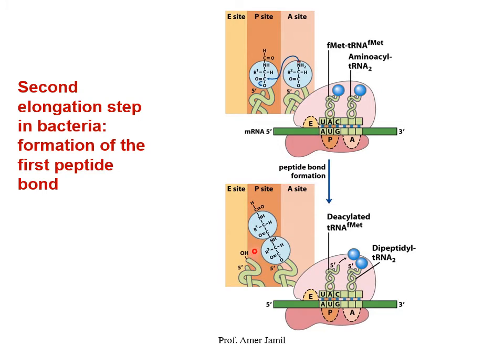This is the peptide bond, which is synthesized here. So the first transfer RNA becomes empty now, and this is a dipeptide, because two amino acids are there, this is called a dipeptide.